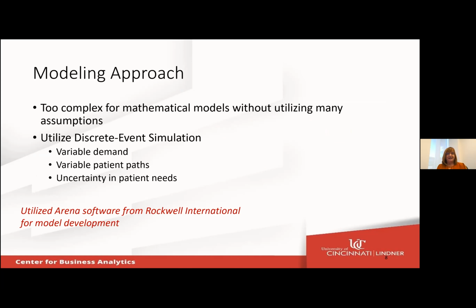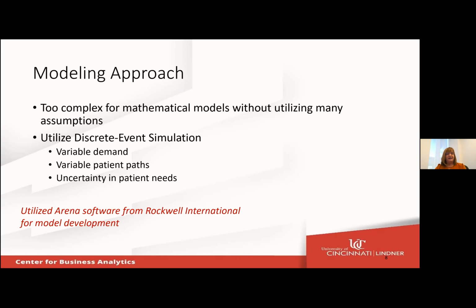So as we looked at this, we looked at our modeling approach. If you think about this, it's really too complex for mathematical models without utilizing a lot of assumptions, kind of assuming away a lot of things. Queuing models might work, but as we start to look at the whole system, they quickly get too complex.